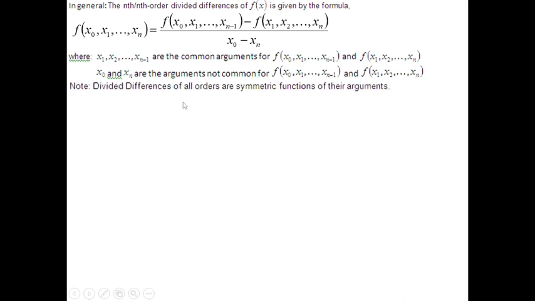Now, divided differences of all orders are symmetric functions of their arguments.